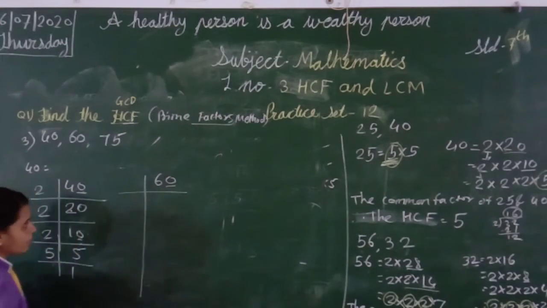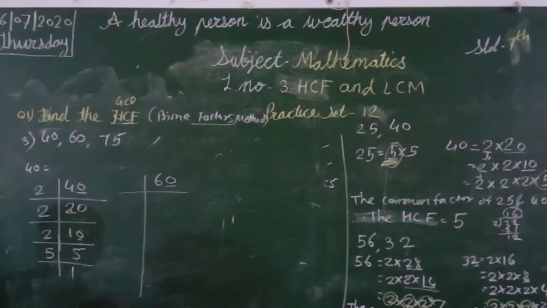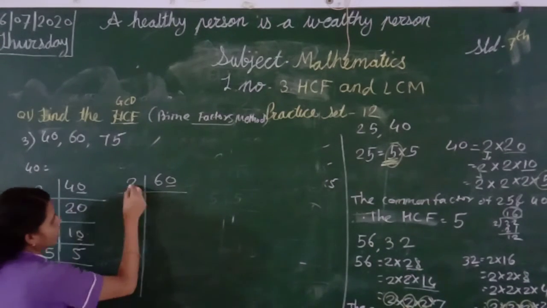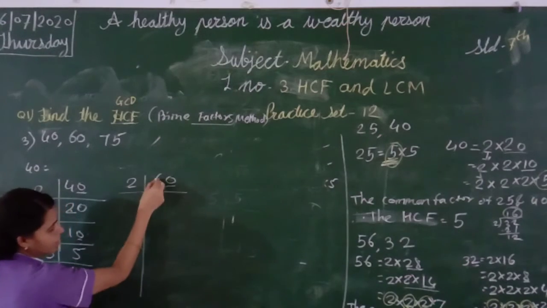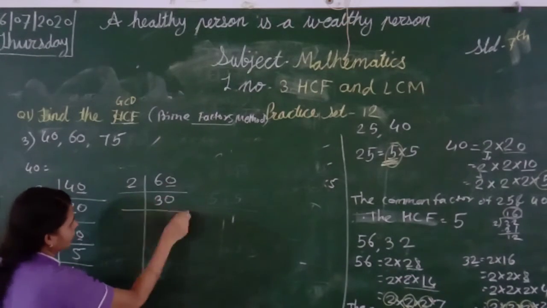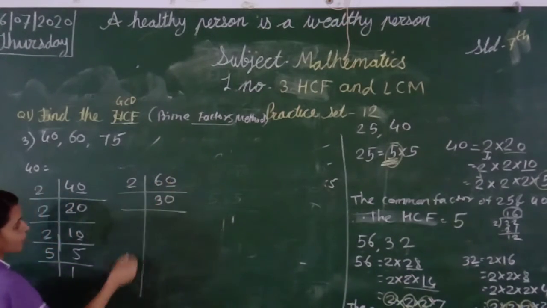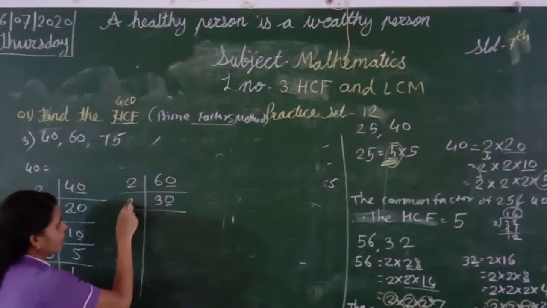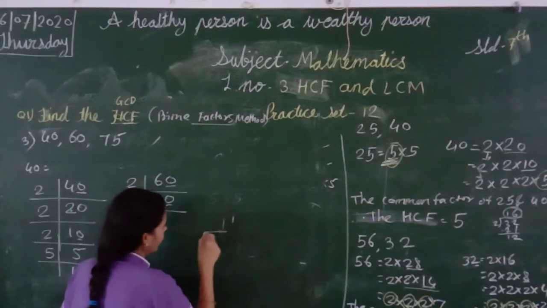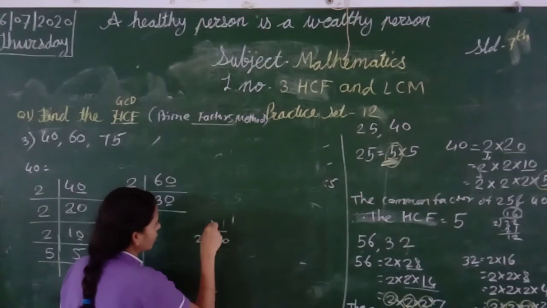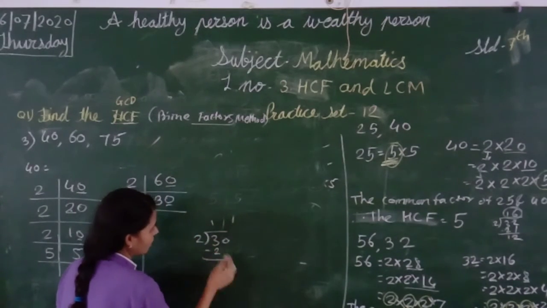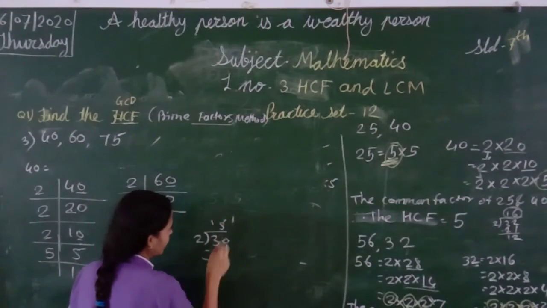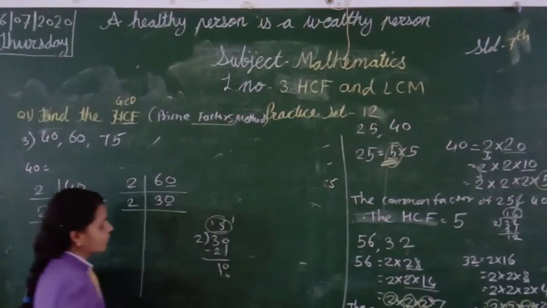Okay, unit place is 0 means we will divide it by 2. 2 3s are 6 and 0. Again the unit place is 0 means divide by 2. 2 1s are 2, 3 minus 2, 1, 2 5s are 10 means 15.